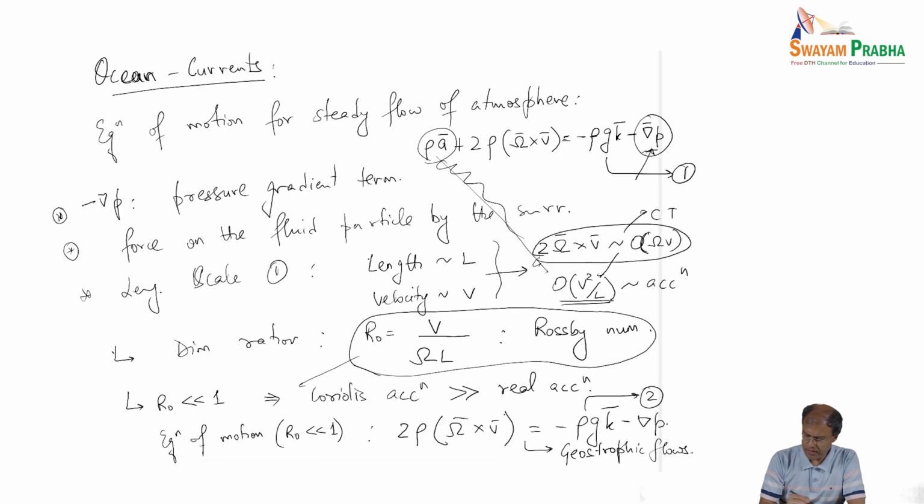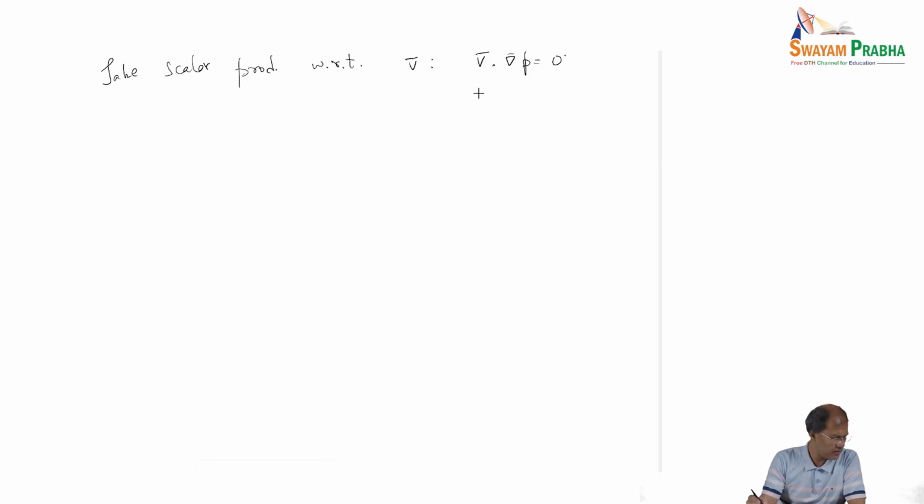That's the only term that remains, because v dot omega cross v is a triple product, which is going to be 0. And v is perpendicular to k, the vertical direction, and the only quantity that is remaining after the dot product is the grad p term. So v dot grad p is equal to 0 is what we get.